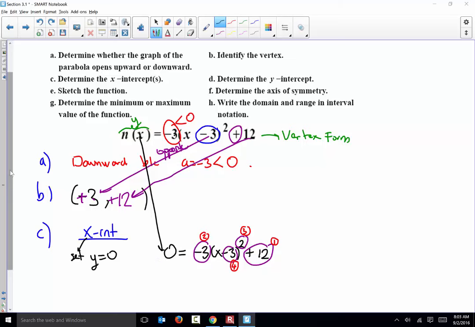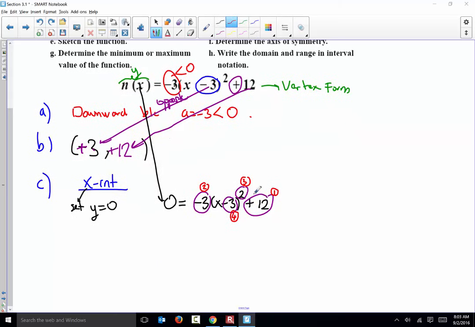Alright, how do you cancel 12? By subtracting 12 from both sides, right? You get negative 12 equals negative 3 times (x minus 3) squared. Now, second guy is minus 3. How do I get rid of minus 3?